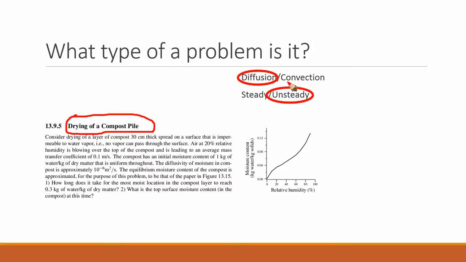There is no convection or flow. So then it must be a diffusion problem only, without any flow. And it also asks for moisture at a certain time. So then it must be an unsteady problem.